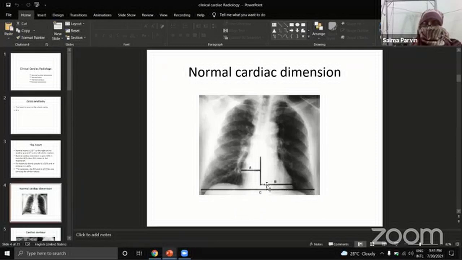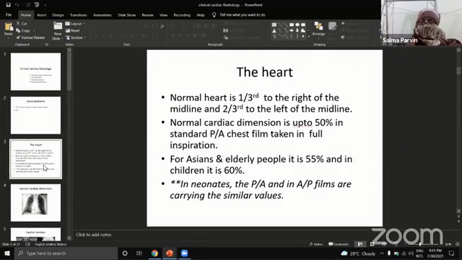This is line C. So the dimension A plus B should be up to 50% of line C.